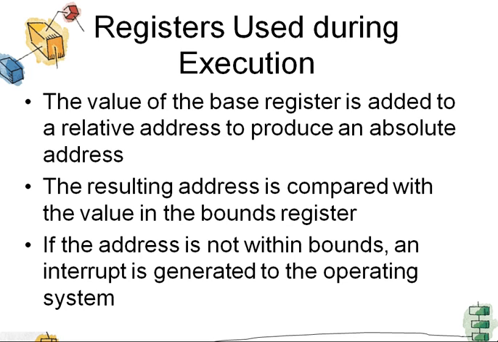If the resultant address is within the bound, then it will point to the address in the memory. But if it crosses the value in the bound register, then an interrupt is generated to the operating system.